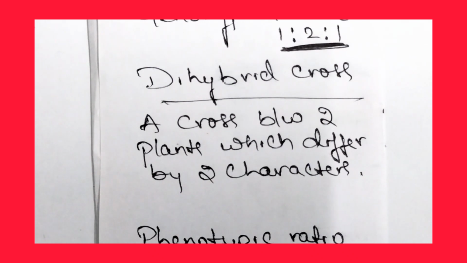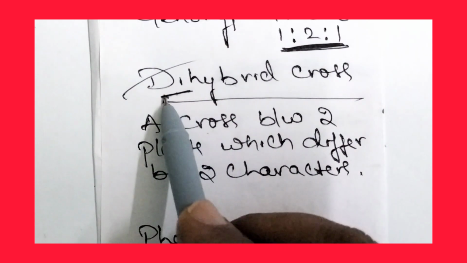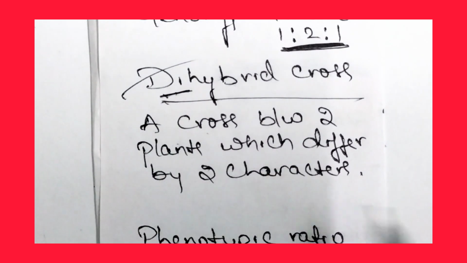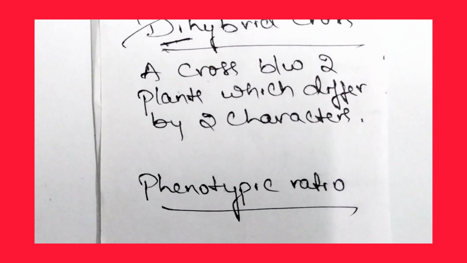Height of the plant is one character, but shape of the seed is another character. So a cross between 2 plants which differ by 2 characters is called dihybrid cross. Di means 2, mono means 1.